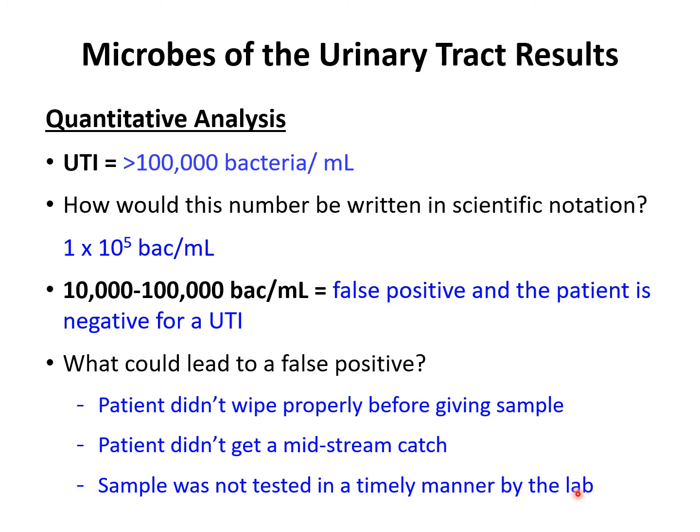So again, if something goes wrong with any of these three steps that we've talked about, the amount of bacteria in your urine sample will be high, even though you do not have a UTI. So you have to make sure, especially with those two steps, that you do them properly when you're giving a urine sample.